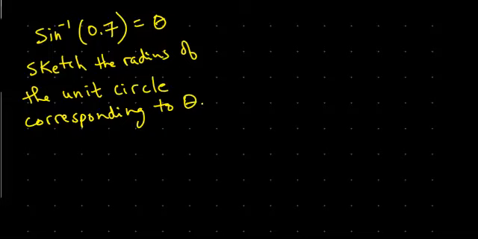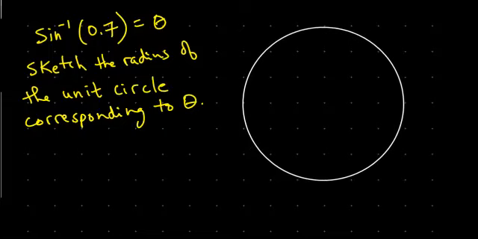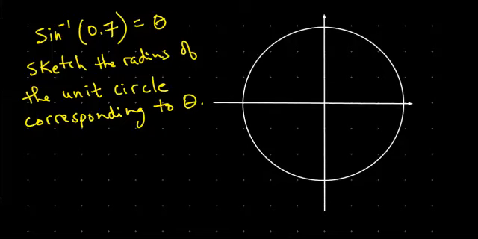This is just a question to make sure that we understand what we're really talking about. Let me make a nice circle this time. So we have that the inverse sine of 0.7 equals theta. That means the sine of theta equals 0.7.